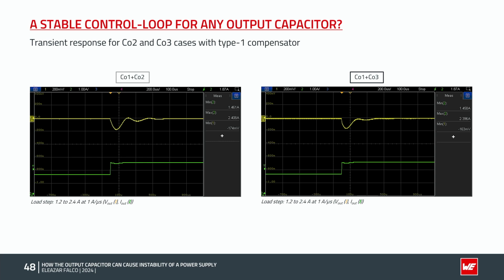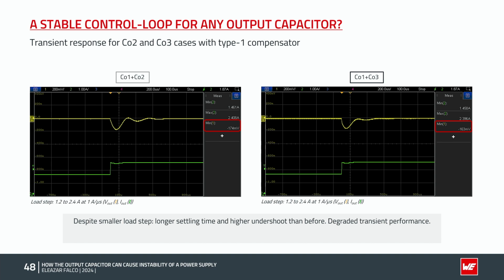This is the transient response for the solutions with the two bulk capacitors, CO2 on the left and CO3 on the right. The load step applied is only 1 amp at 1 amp per microsecond slew rate.